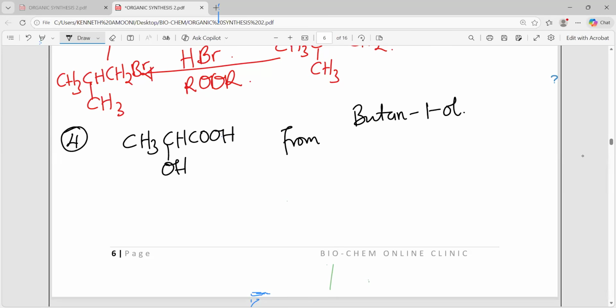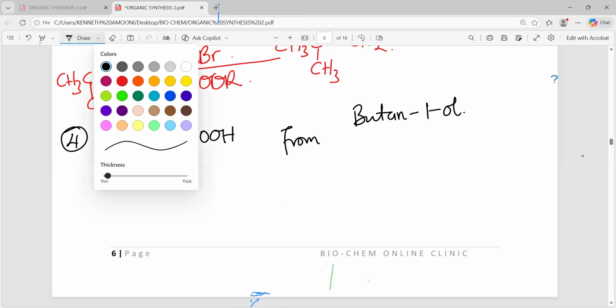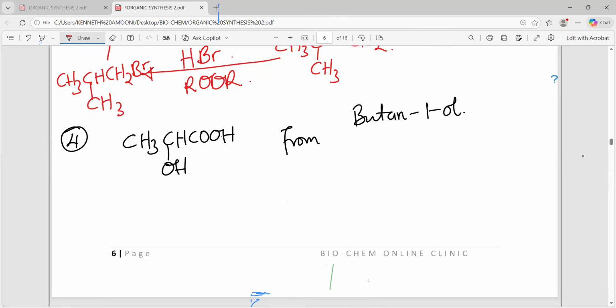Now in this case, for butan-1-ol, we can first write its formula so that we compare the two. Butan-1-ol has the formula CH3, CH2, CH2. There are 4 carbon atoms. That is butan-1-ol.